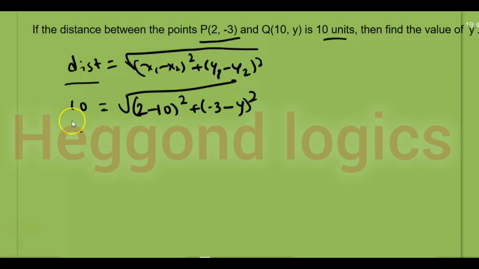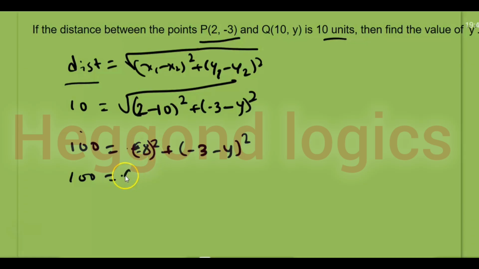Take the square on both sides. After taking the square, the 10 becomes 100, and the square root gets cancelled, and remaining 2 minus 10 is minus 8, minus 8 square, and here minus 3 minus y whole square. And 8 square is 64, 100 is equal to 64.